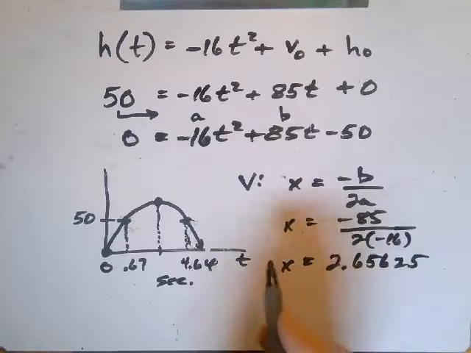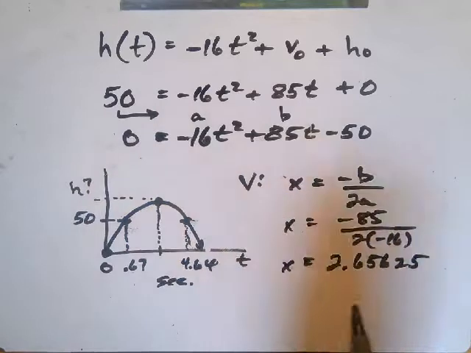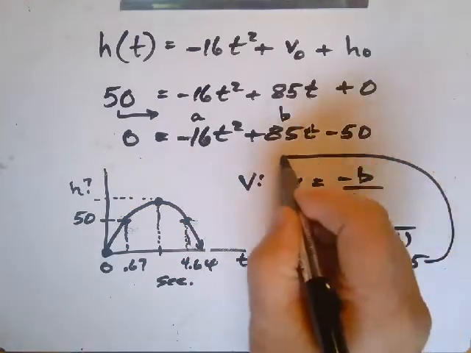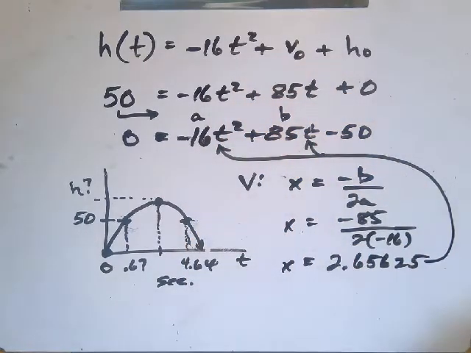Now I still need to find the y value because the question is asking for what's the height. So let's take this and stick it back in our equation. We know the time, so we're going to stick it back in there. Let's put that into the calculator.